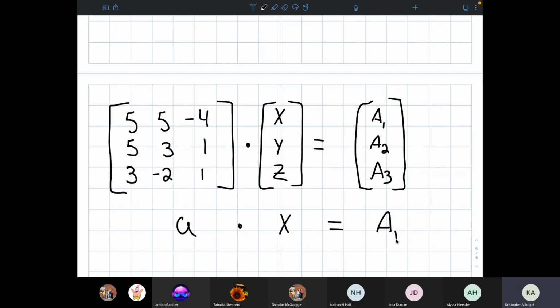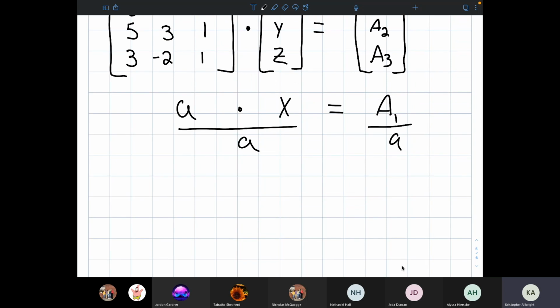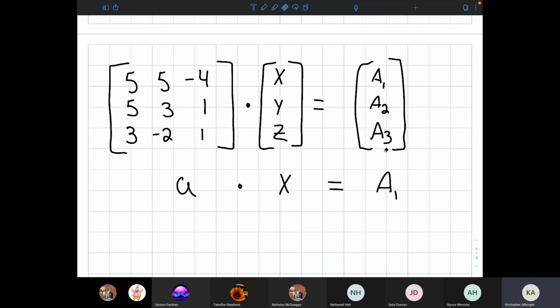Okay, so what we would do in this situation is we would divide by little a to get x by itself, and that would give us our answer. But we can't divide by a matrix. So what we have to do is do the inverse instead. It's like instead of saying we're going to divide by 2, we're going to multiply by 1/2.